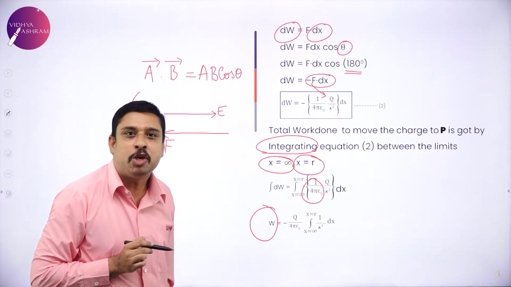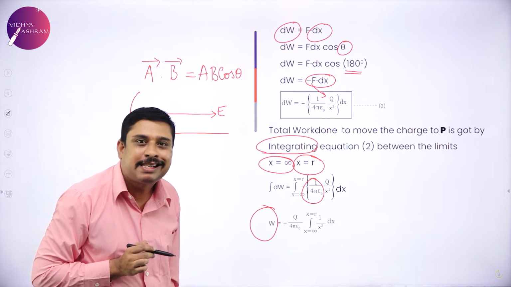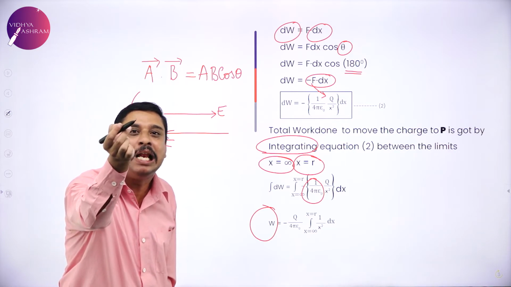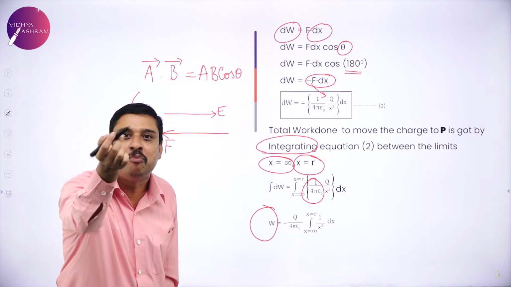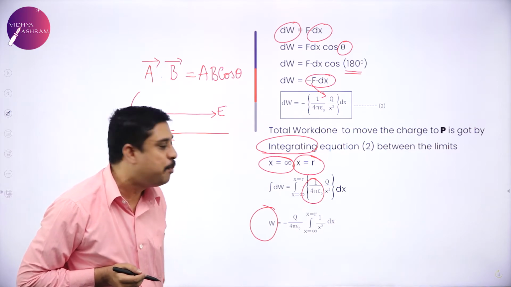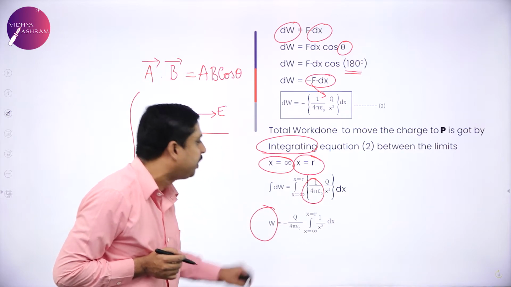In the numerator you have q. Is q a constant or variable? Constant. Single point charge. I don't have multiple charges. Isolated single point charge. So q I have taken out.